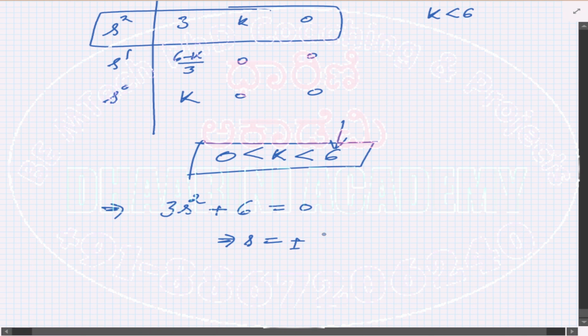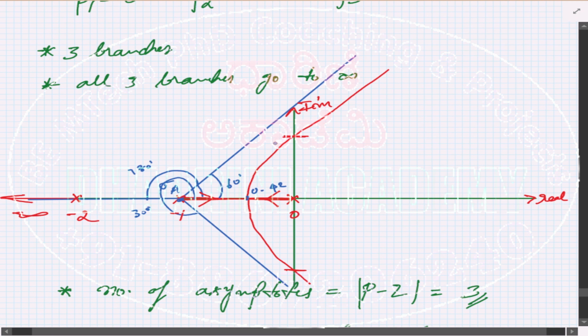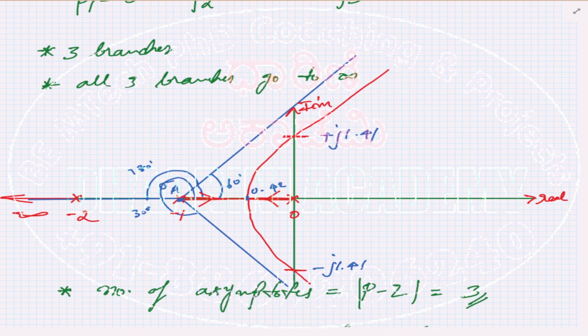Plus or minus root 2 j, so plus or minus j 1.41. So this is plus j 1.41, and the other one is minus j 1.41. So this is the root locus of the given question.